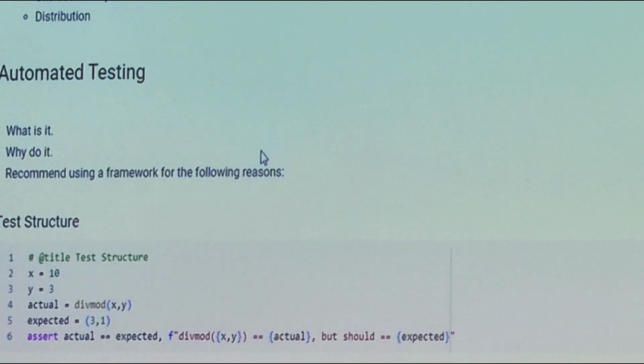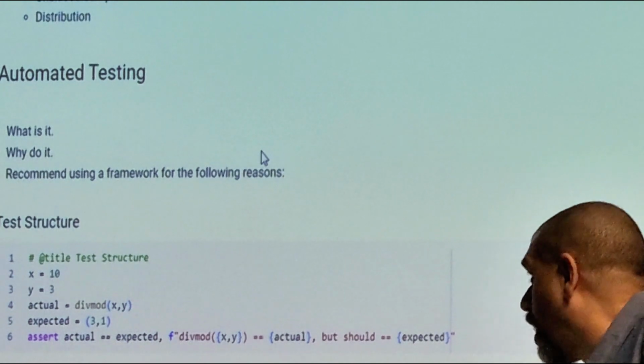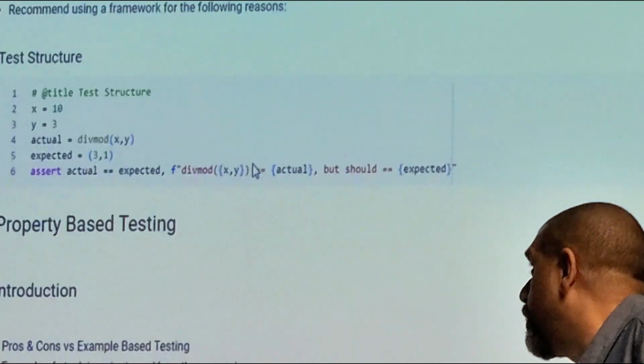Test-driven development, TDD, and behavior-driven development, BDD, are two big ones. So it's a pretty useful practice. Not everyone does it, but quite a few people do, and it's quite useful when you use it.